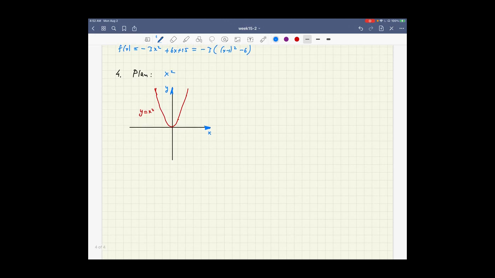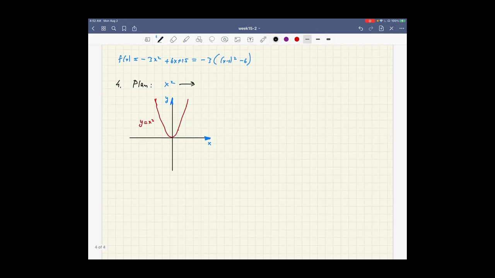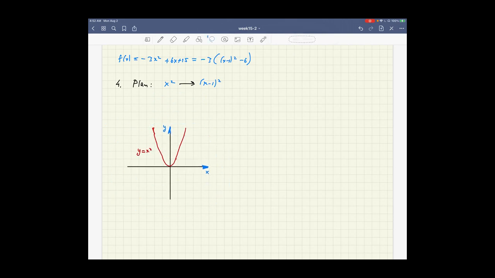So next, we graph x minus 1 squared. And of course, we know this will be simply a shift to the right by 1 unit. So the vertex now will be at the point 1, 0.